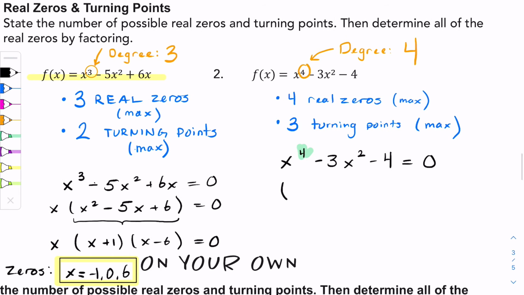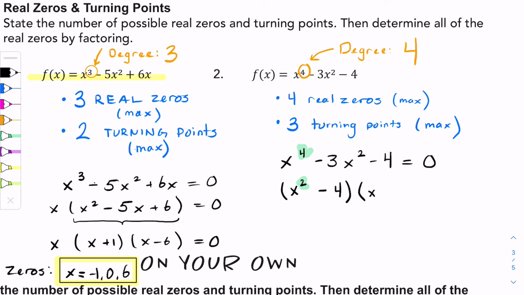When I write my factors, instead of just writing x plus 4, I would write x squared. So I have to pay attention to my exponent. x squared minus 4. I'm sorry, just minus 4. Writing this wrong.